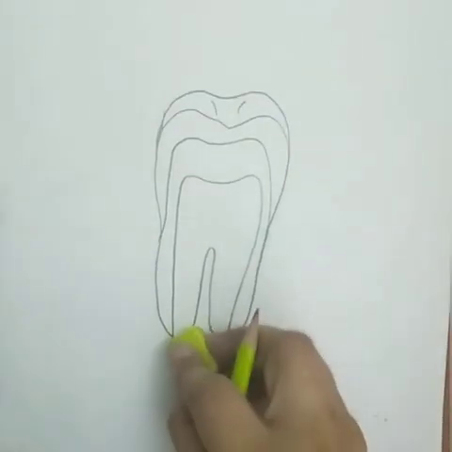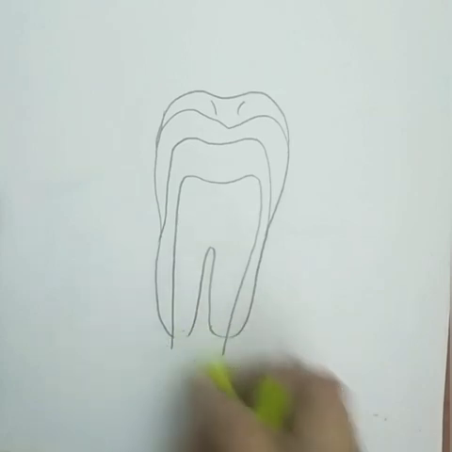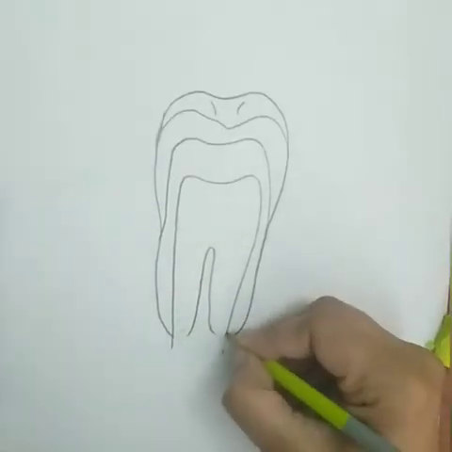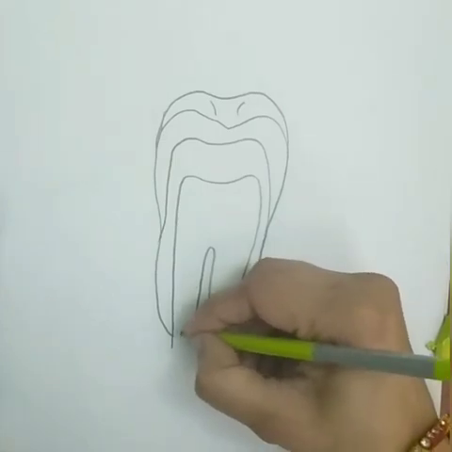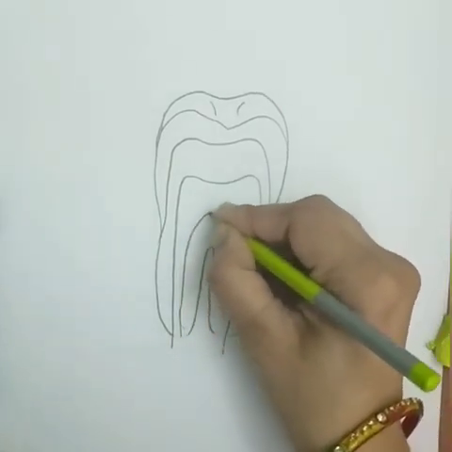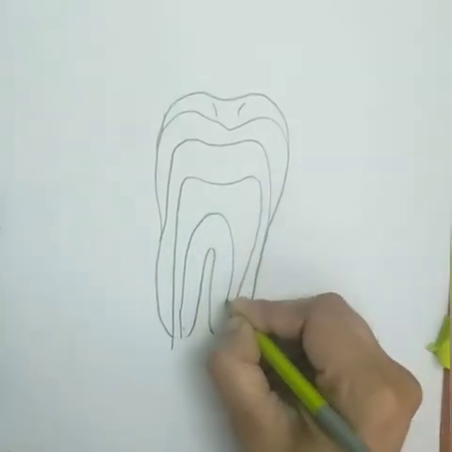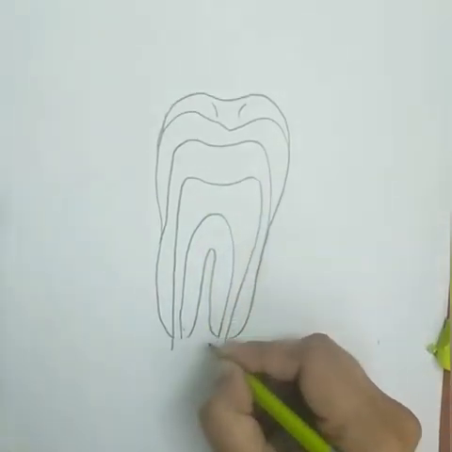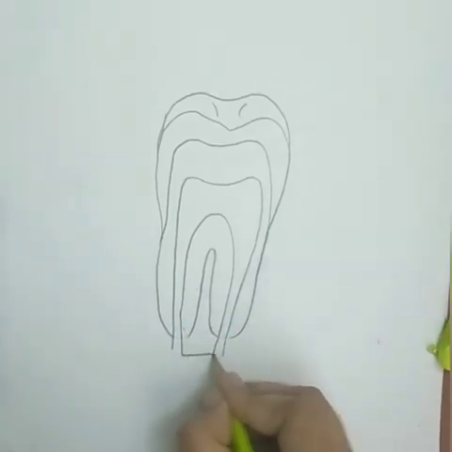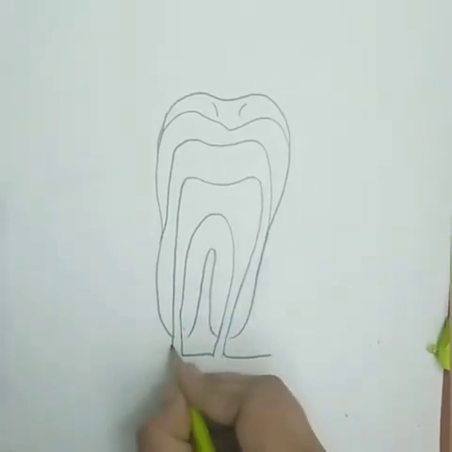You can erase a bit of margin here for making your blood vessels. And then you will draw another line. Then these are joined together.